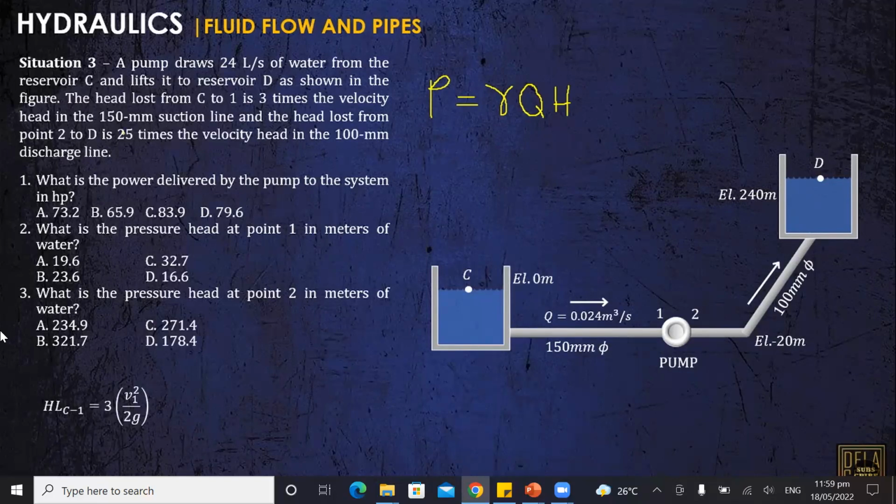Okay, so interpret muna natin. The head loss from C to 1 is 3 times the velocity head in the 150 mm suction line. So dito, again, suction ito because hihilahin ng pump yung water dito. Then, ito, discharge line because ipupush ng pump papunta kay reservoir D. So the head loss from C to 1 is 3 times the velocity head at the 150 mm suction line.